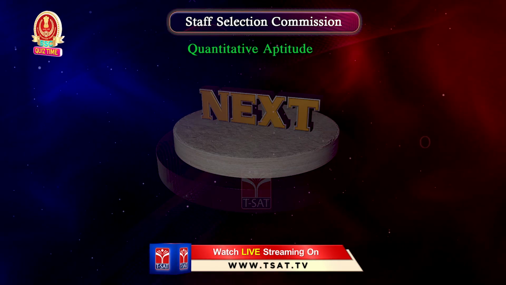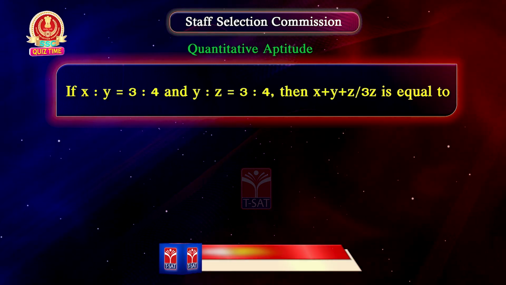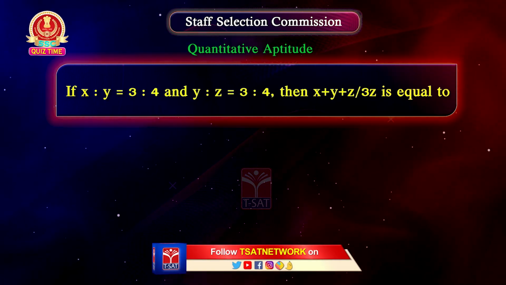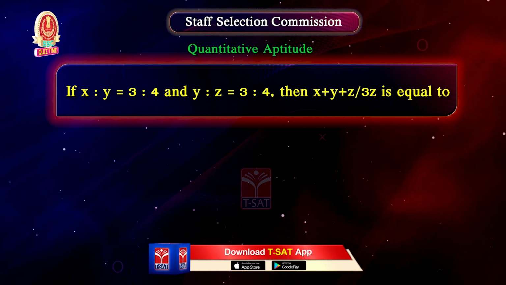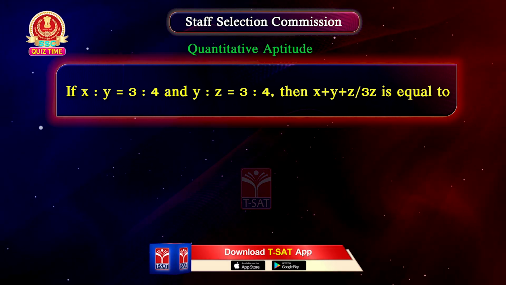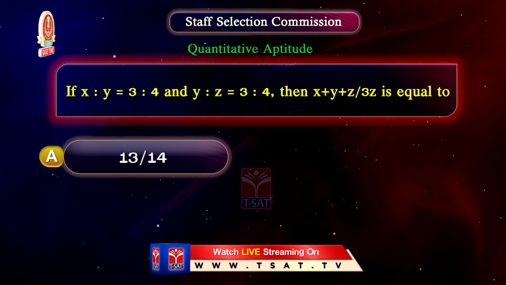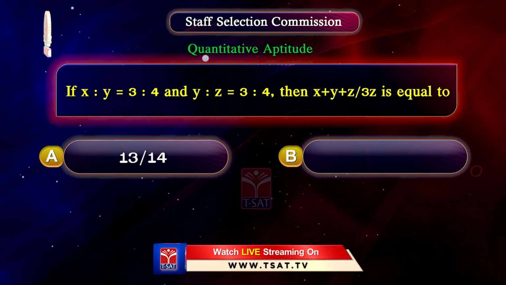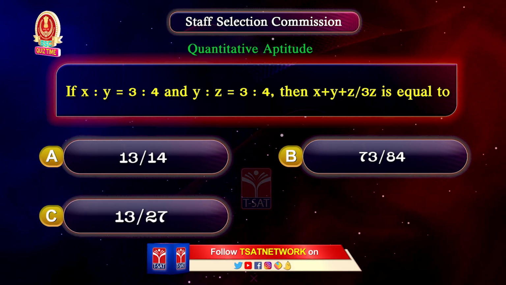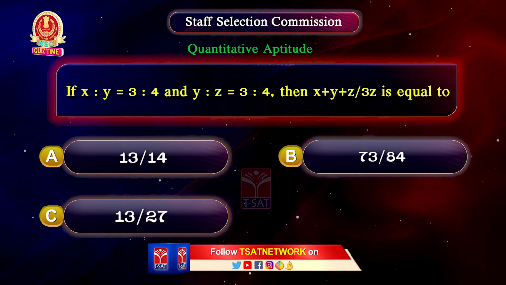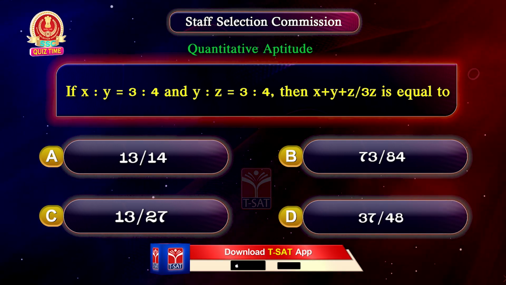Next question. If x is to y is equal to 3 is to 4 and y is to z is equal to 3 is to 4, then (x plus y plus z) by 3z is equal to: option A, 13 by 14; option B, 73 by 84; option C, 13 by 27; option D, 37 by 48.